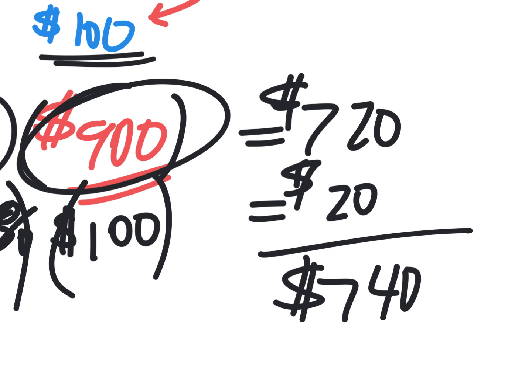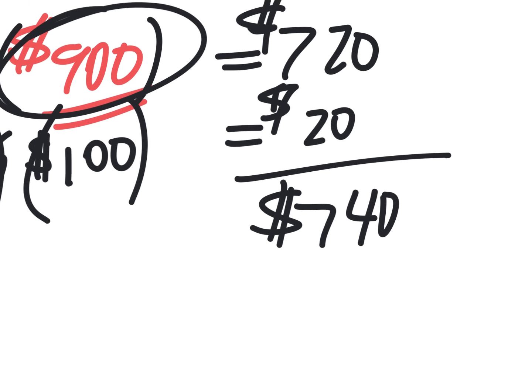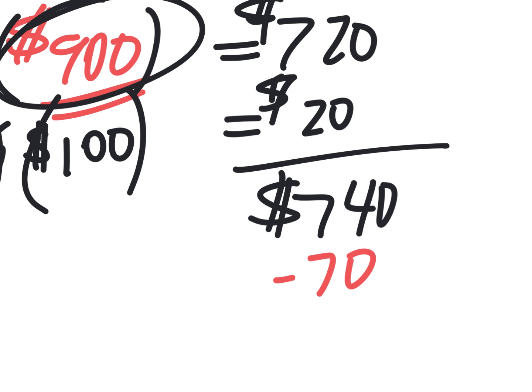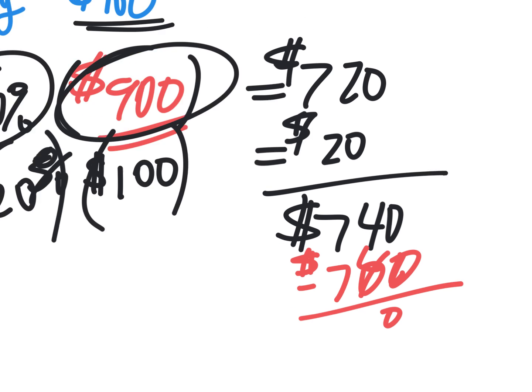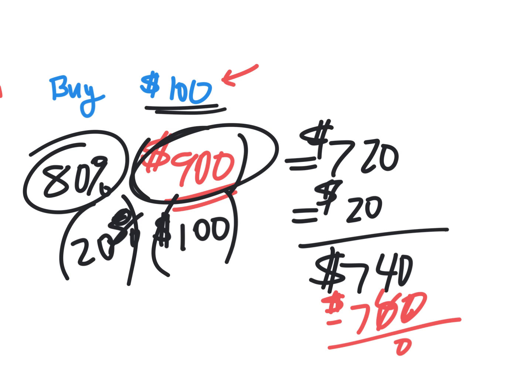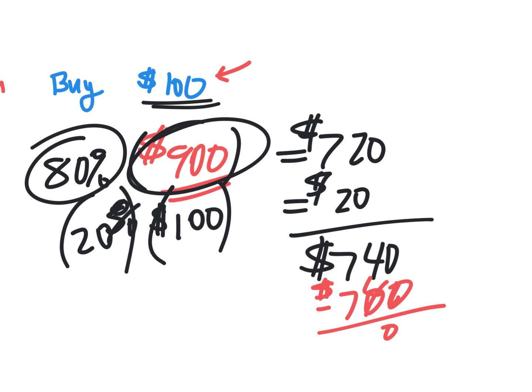And then if it actually costs that much, you go, well, that's not a good deal then. I'm not making any money. My expected value is 0 if it costs that much. But I've found times where I've found options that seemed like, man, I think the probability is really high that it's going to go up, and so it's worth it. Expected value is positive. How did you get 740? 720 plus 20? Wait, sorry.